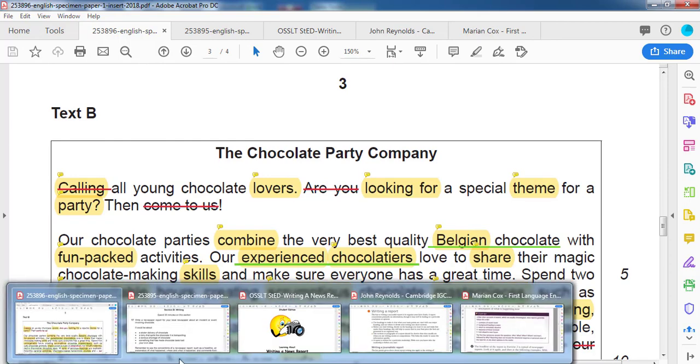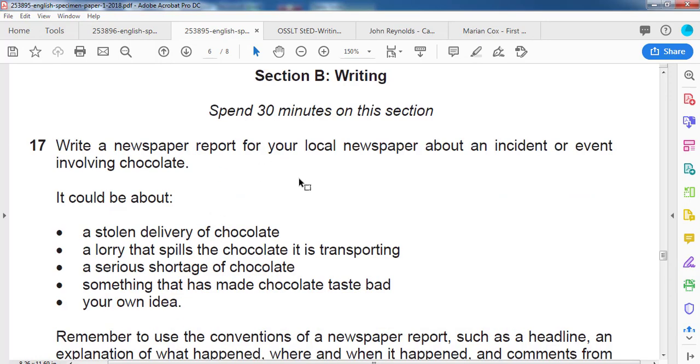And we will try now to finish section B of writing. Starting from 2018, usually the text or the topic of writing is something related to what was there in the reading.